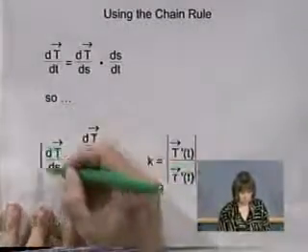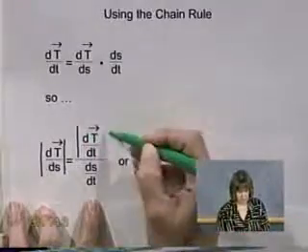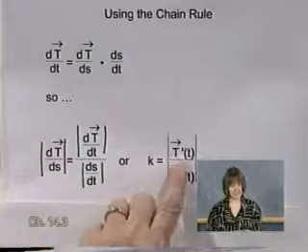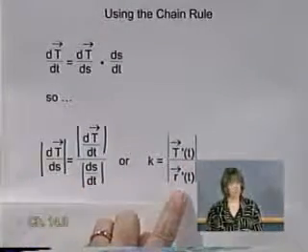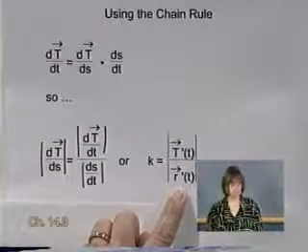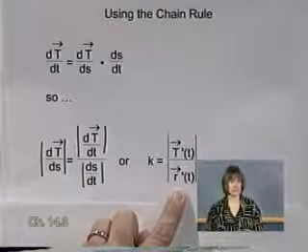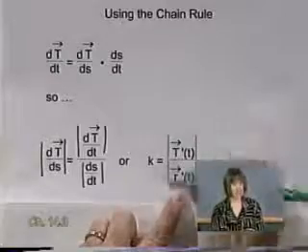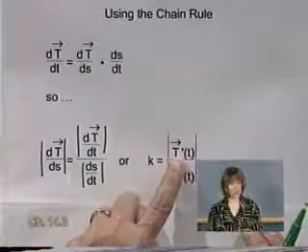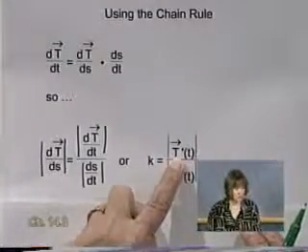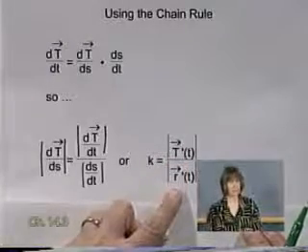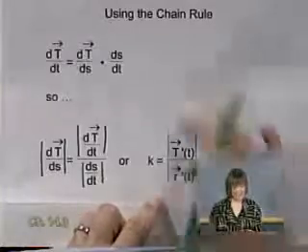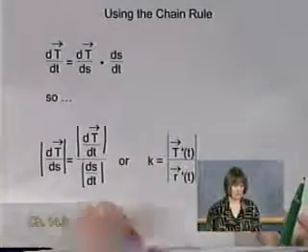So therefore, the magnitude of this is equal to the magnitude of this over the magnitude of that. In other words, dT/dt is T prime, and ds/dt, a few minutes ago we proved that that was the magnitude of r prime of t. Still don't be copying anything down. Okay? All right, so one way to get curvature would be the magnitude of the derivative of the unit tangent vector over the magnitude of r prime. Again, this is not the easiest formula to use. Okay?